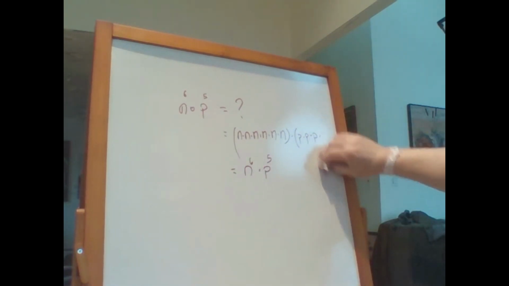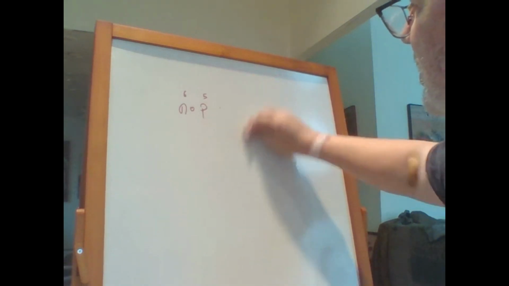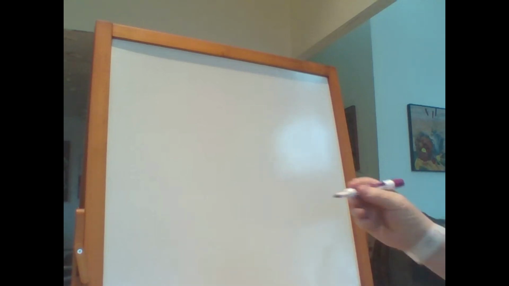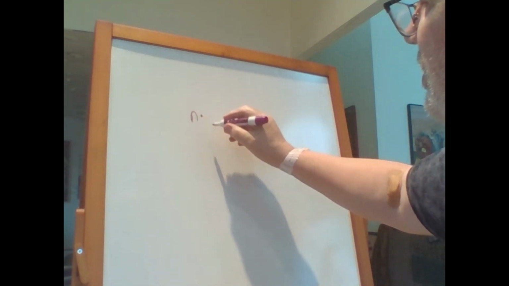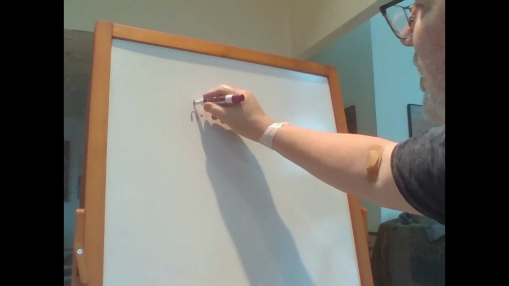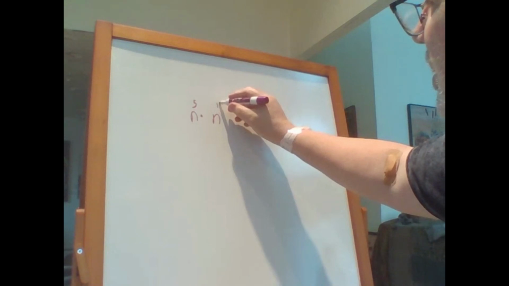But what if we had n to the 5th times n to the 12th?